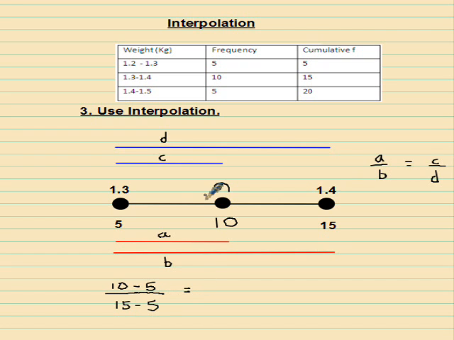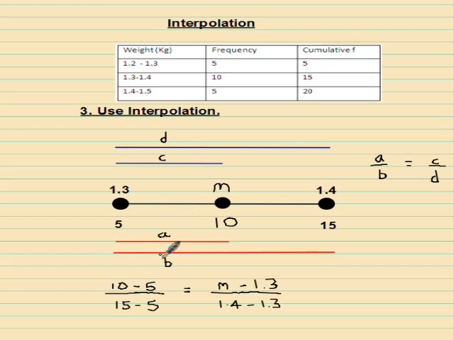We work out C. Now we've got an unknown here, but we work it out in just the same way. This interval here would be M minus 1.3, and D, this larger interval, would be 1.4 minus 1.3. And of course we can simplify this a little bit.